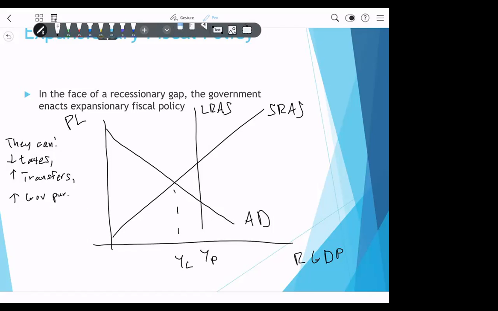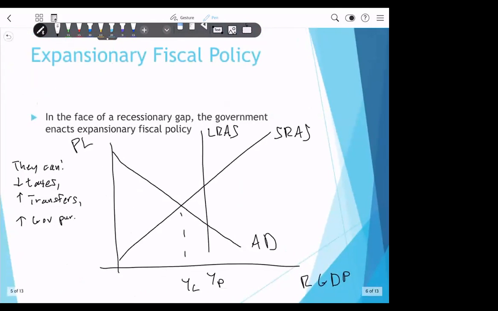If they do that, aggregate demand will shift to the right. Any questions about that? Cool.